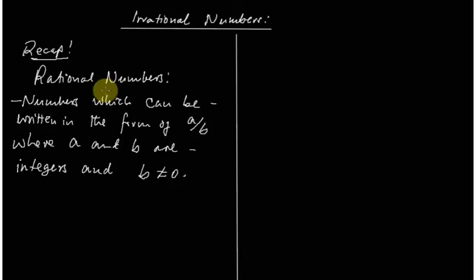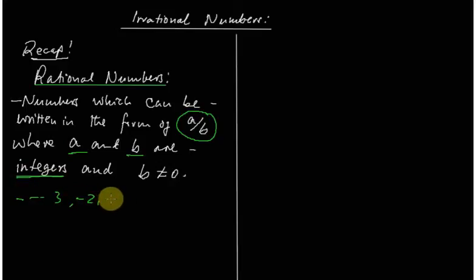This is the definition of rational numbers: numbers which can be written in the form of a over b, where a and b are integers. Integers include negative numbers, 0 and positive numbers.